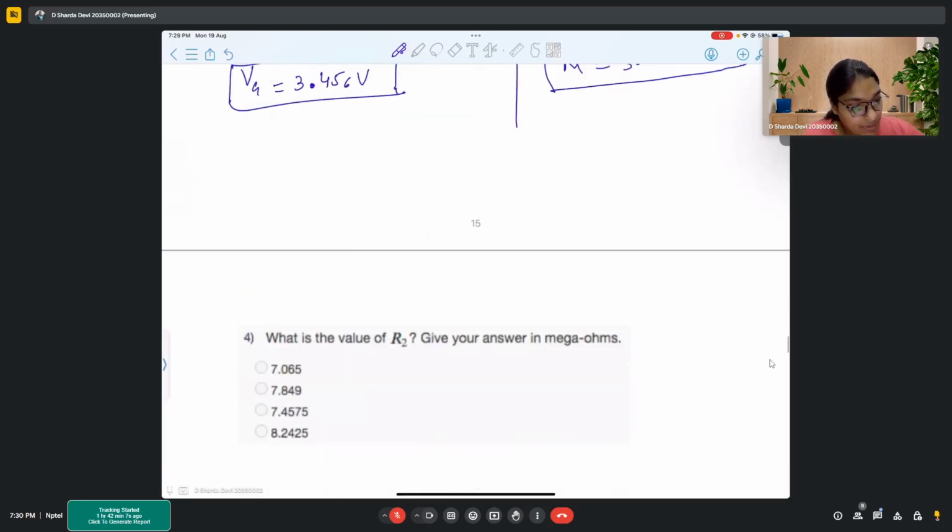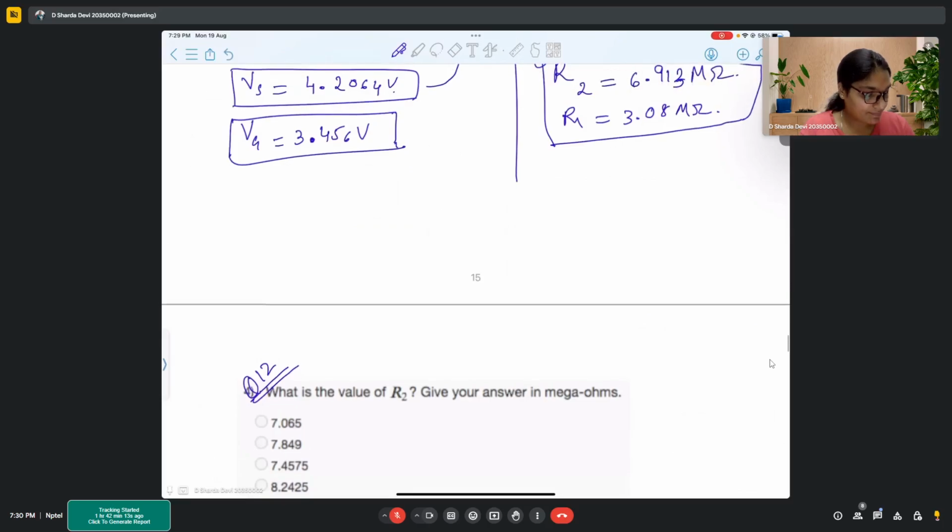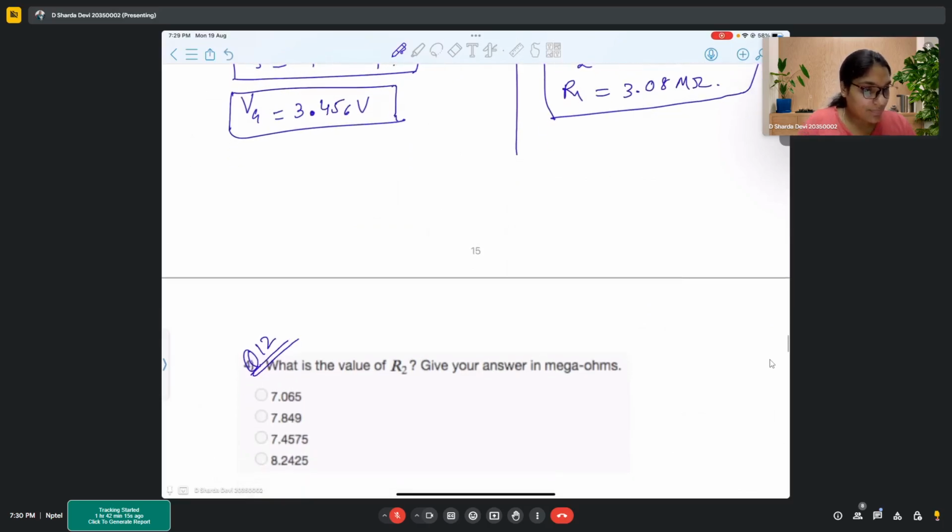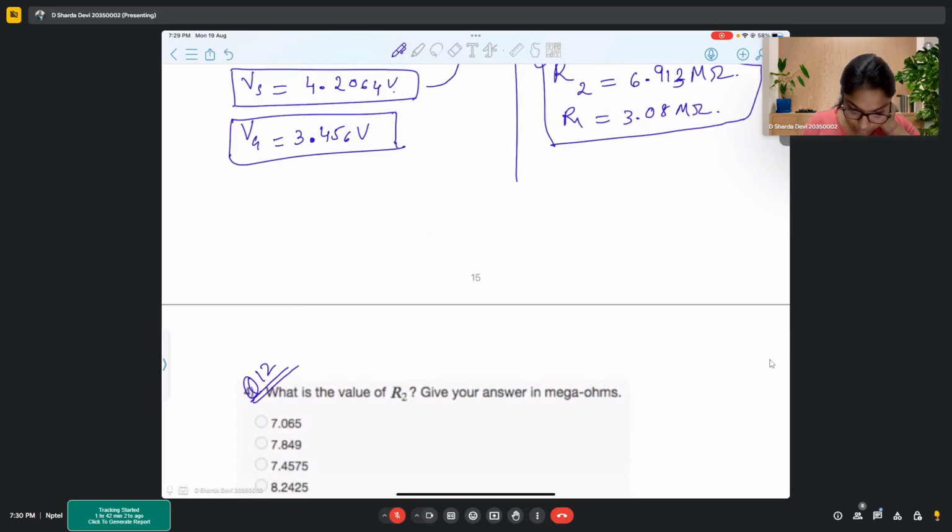If we look into question number 12, it is saying to find the value of R2. Here we can find the value of R2 as this.